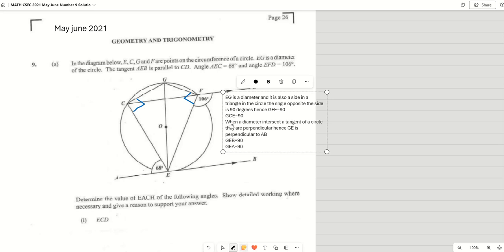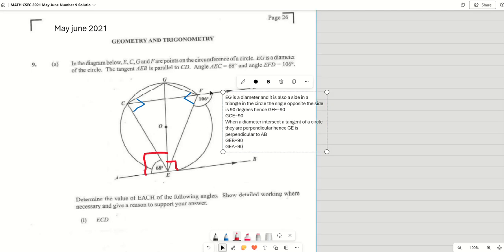Let's denote it in red: this angle here is 90 and this angle here is also 90.